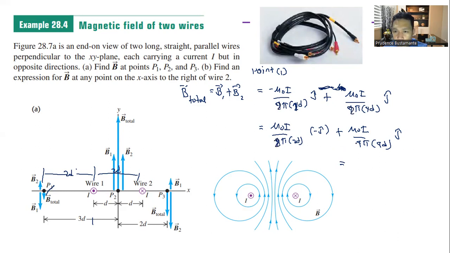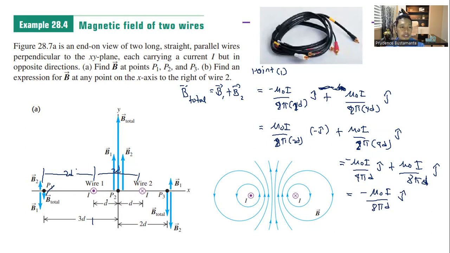So we have mu naught I over 4 pi D, negative j hat, plus mu naught I over 8 pi D, j hat. If you add these, you will have negative mu naught I over 8 pi D j hat. So that's the magnetic field at point 1.